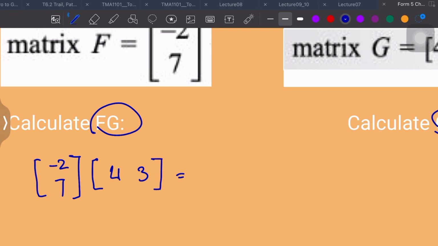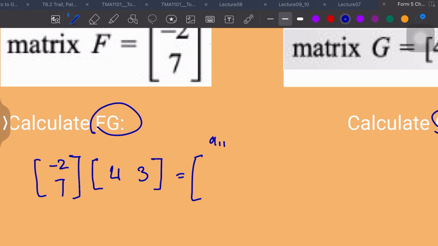So what would be the answer? Here we want to look for the first row, first column.